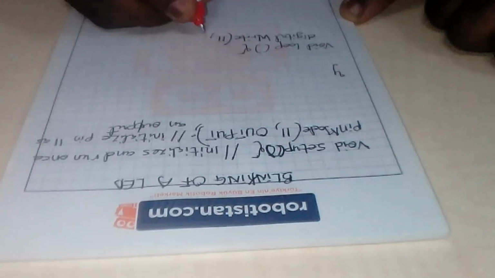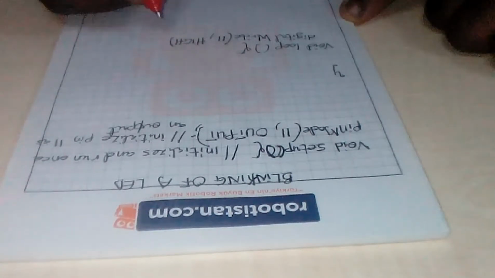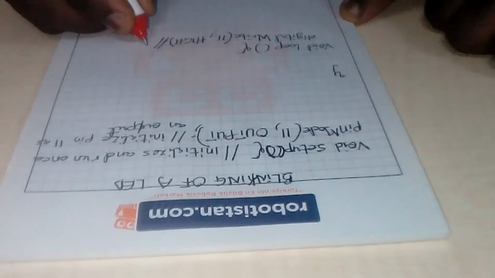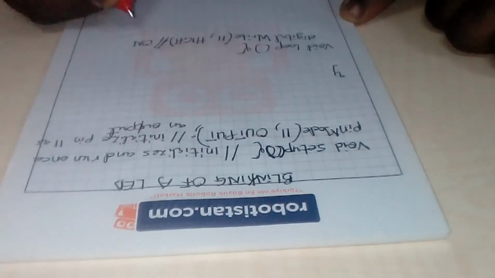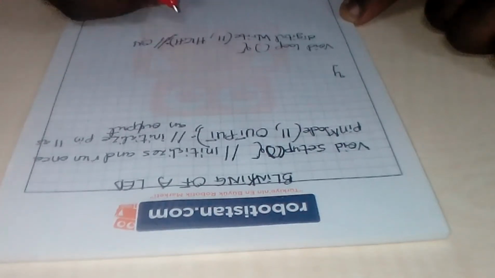Now we write it as high. This high actually means it is the same thing as on. It means we are turning on our LED 11.